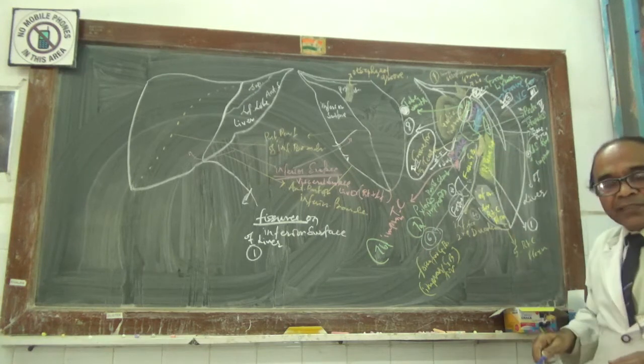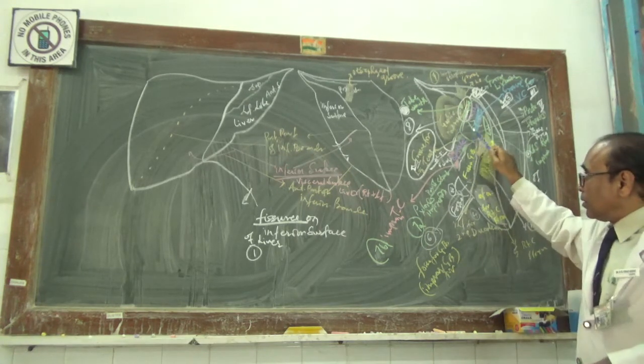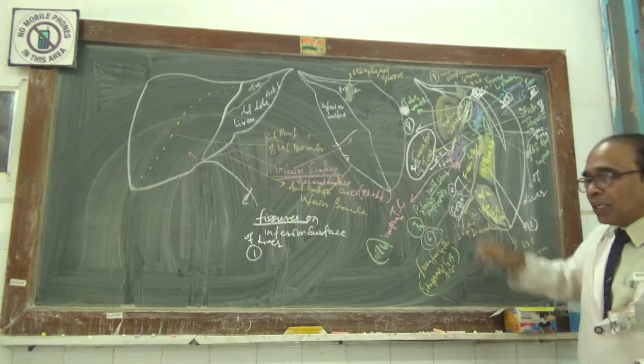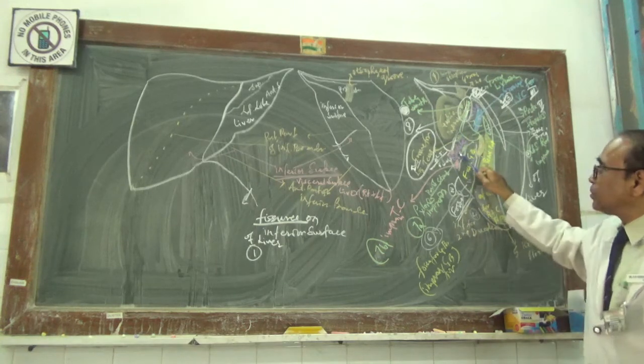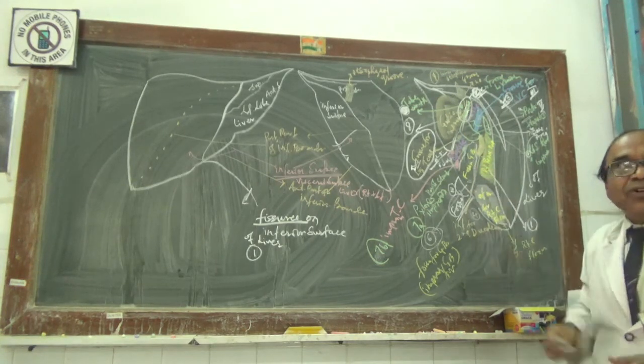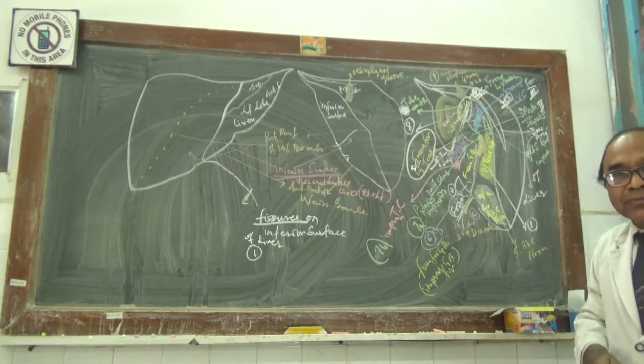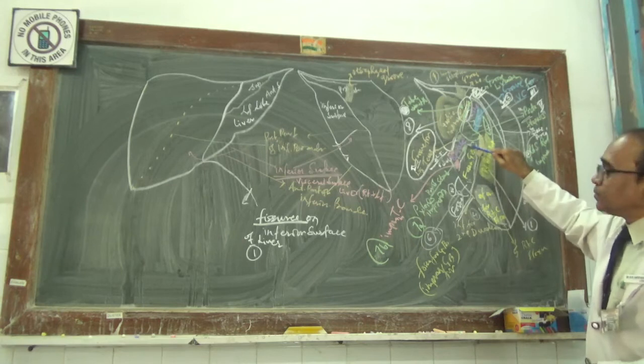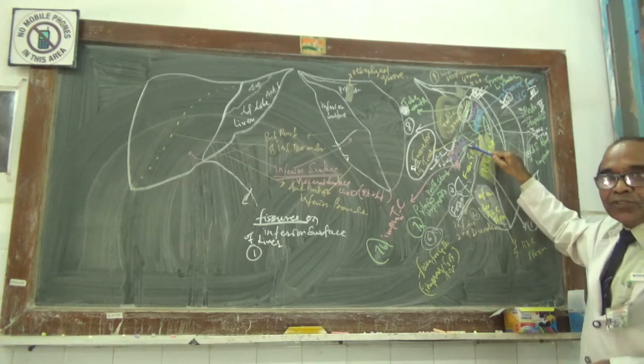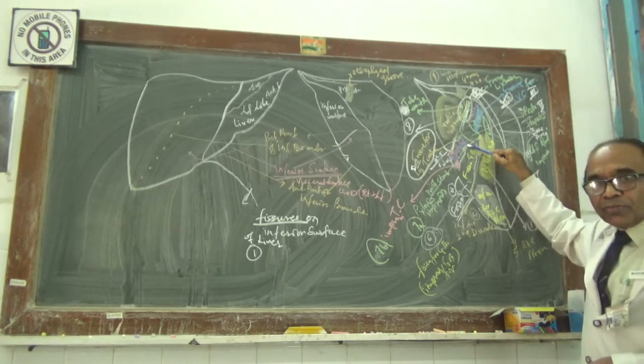Then in front and below, it is related to the quadrate lobe. Quadrate lobe, and impressions on the quadrate lobe.